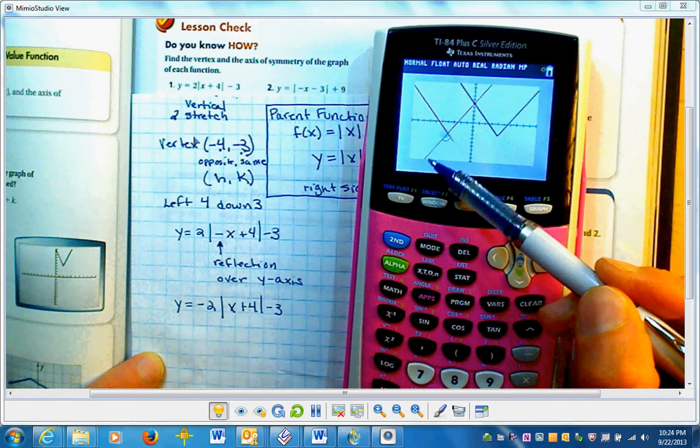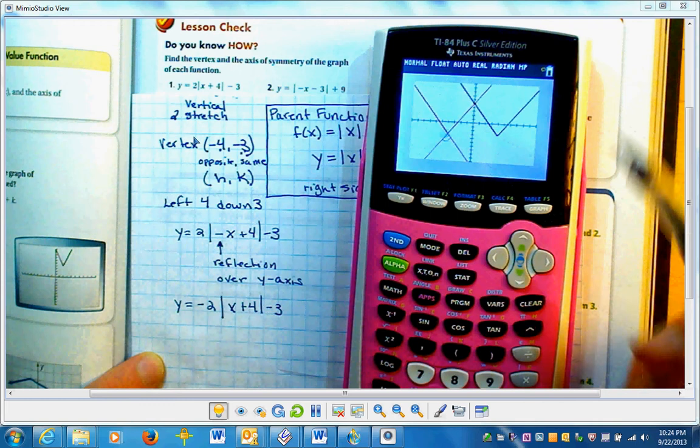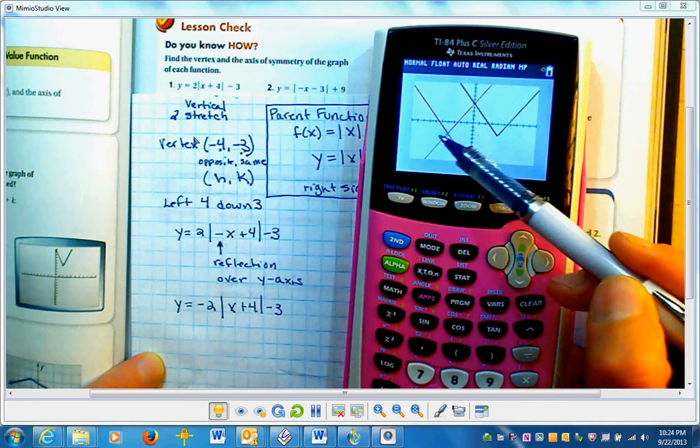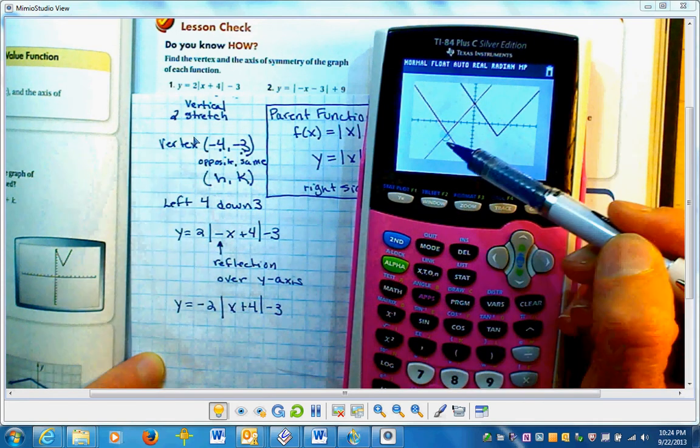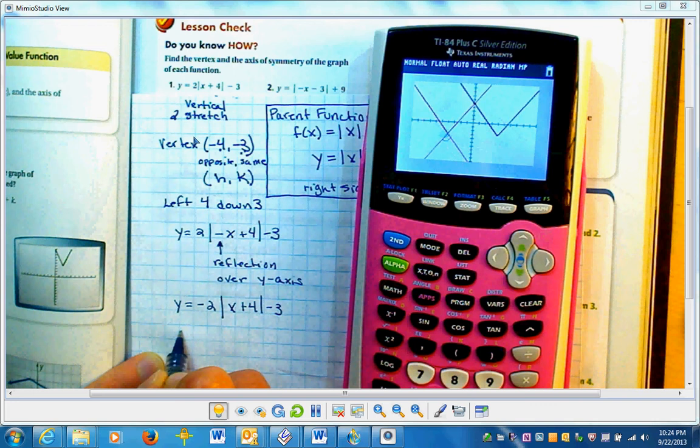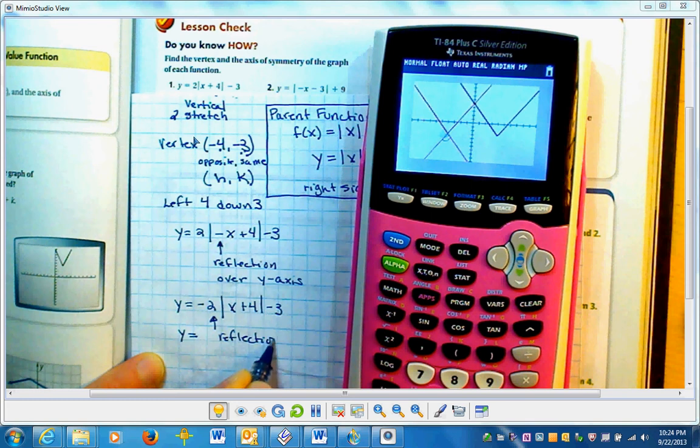So this is my new one. It flipped my original problem from the book upside down. So if I have y is equal to -2 absolute value of x plus 4 minus 3, then this is called a reflection over the x-axis.